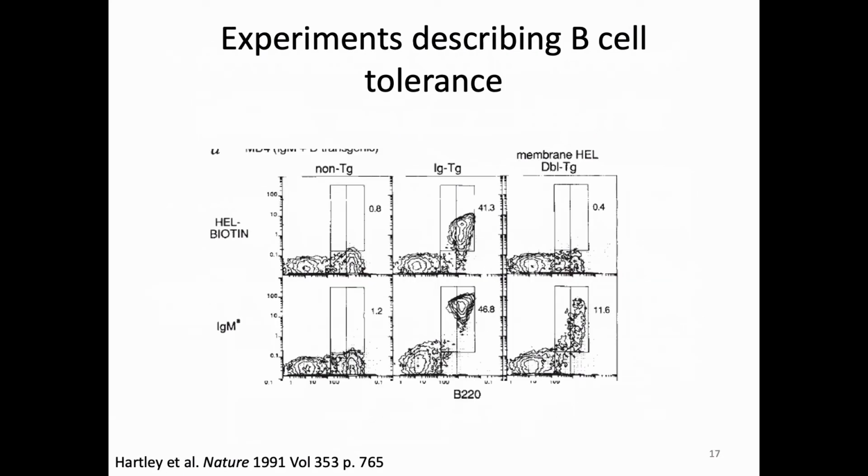So the version of part of this experiment that I have shown you thus far is the one where they put the antigen on the membrane. And in this case, they were able to demonstrate that receptor editing happened.